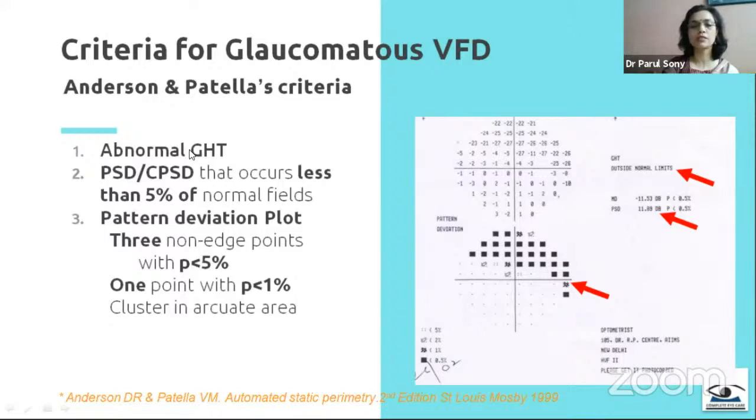On a printout, if you have an abnormal glaucoma hemifield test, if you have a PSD which is less than 5% of the normal field, and if you have three non-edge points out of which 1 point is at least 1% lower probability than the normative database, and 2 points are less than 5%. If you have all these three criteria, they fit into the diagnosis of a glaucomatous field defect.